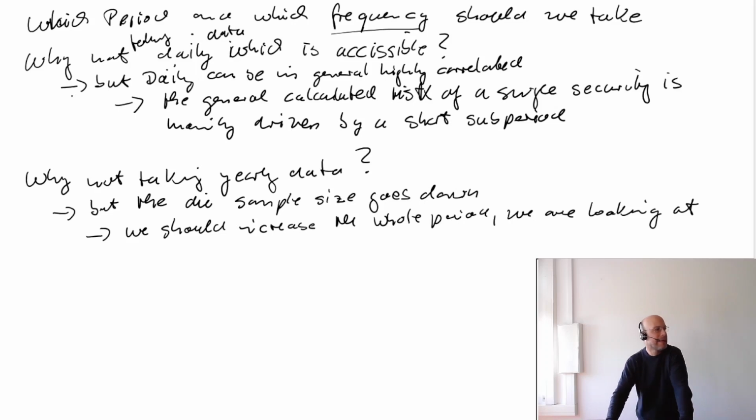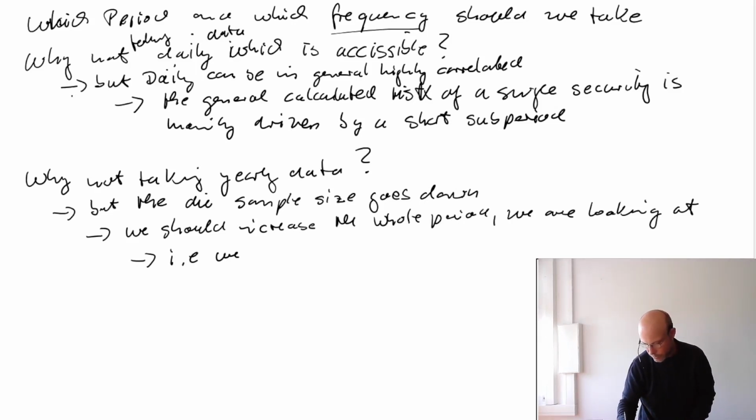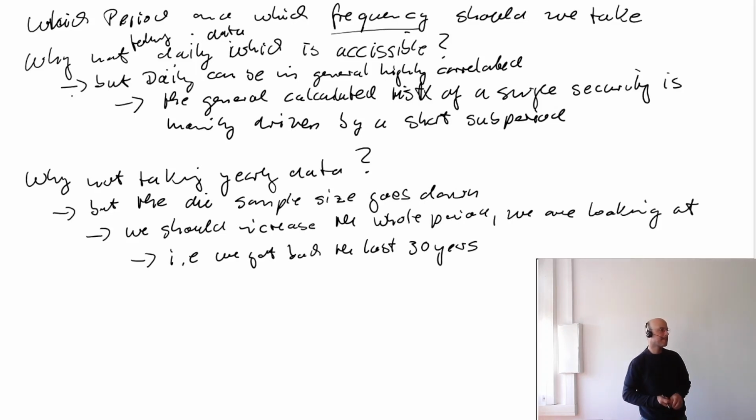But what can happen then? I think we are going then back the last 30 years. So for example, we go back the last 30 years. What has happened in the financial markets the last 30 years?